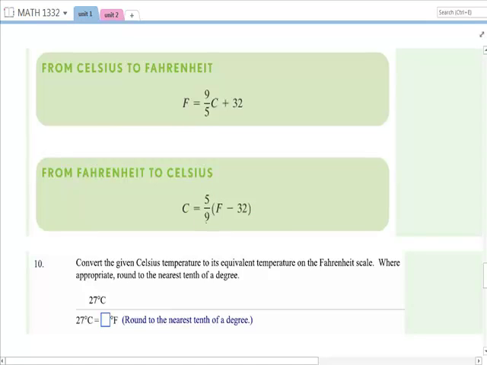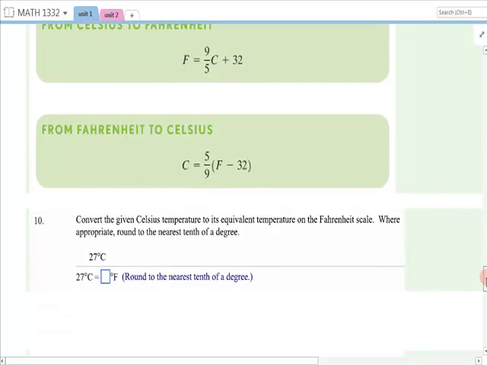The 9/5 and the 5/9 takes into account the fact that the degree sizes are different. Fahrenheit has little degrees and Celsius has bigger. Where does this plus 32 and minus 32, where do you think that comes from? Fahrenheit. Where does water freeze in Fahrenheit? 32. So what it does is it either shifts it down to 0 or it shifts it up to 32 depending on which way you're going. So that's where that comes in.